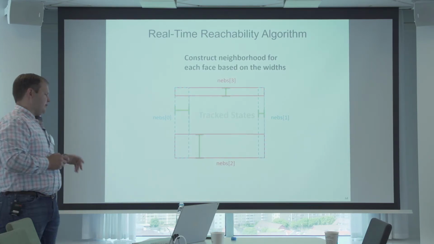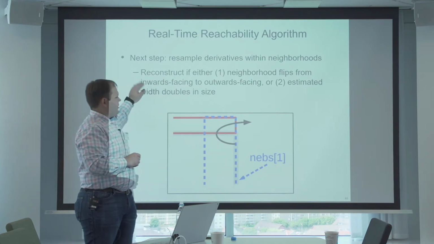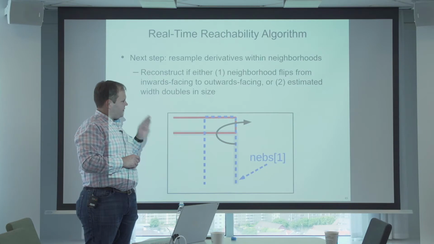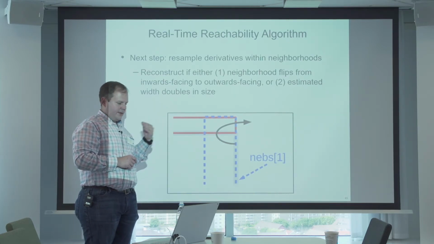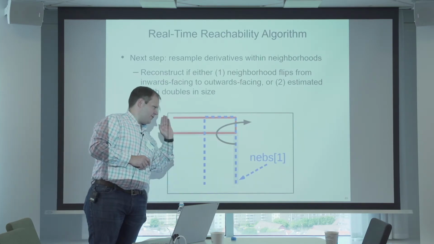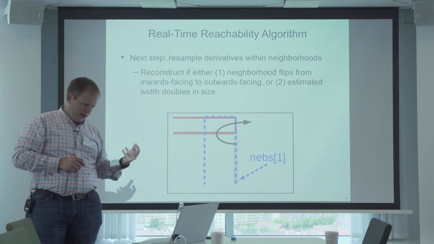There's a resampling step that has to occur to check for that. If the neighborhood would change from being inward facing to outward facing, the intuition is that we had been going inward, but now, based on the change in the vector field, we actually would need to push outward. We would need to redo this computation.